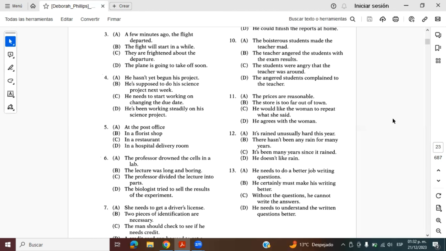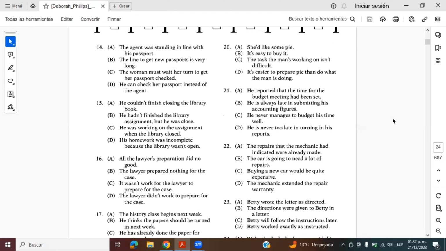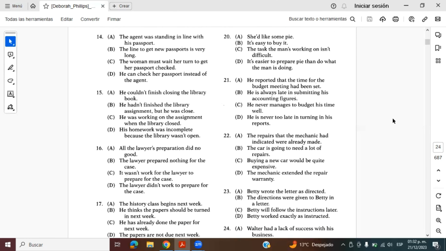Go on to the next page. Number 14. Where should I go next? You must stand in this line so that the agent can check your passport. What does the man mean? Number 15. Did Paul get his work done? He couldn't finish the assignment because the library was closed.